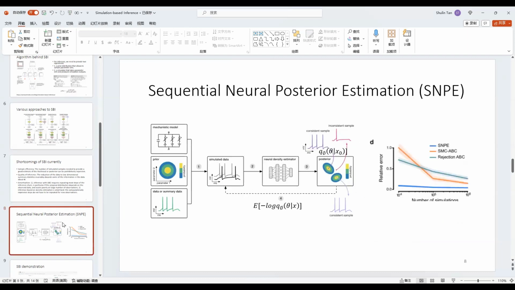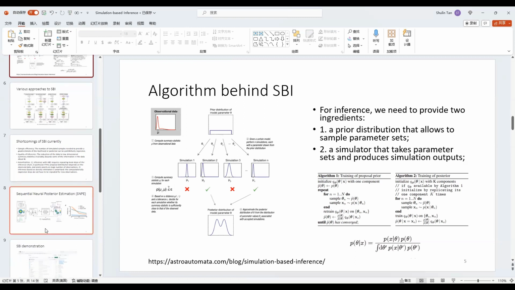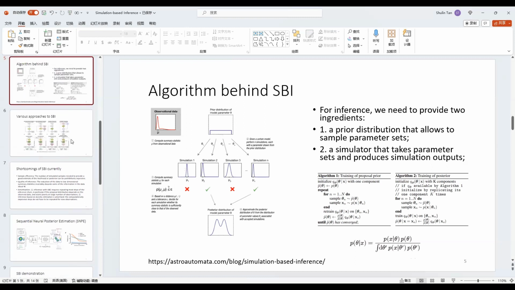One of the processes that people try is SNLE, where they try to find the likelihood of theta. So I tried that method.